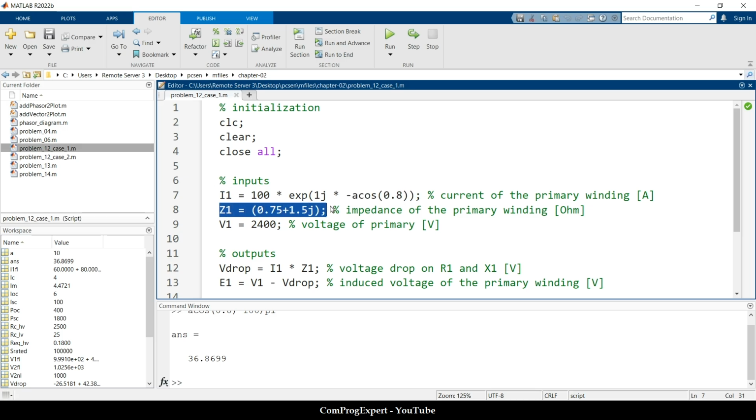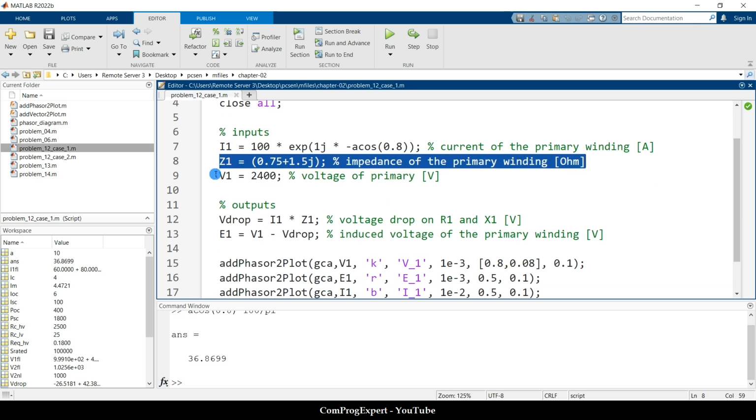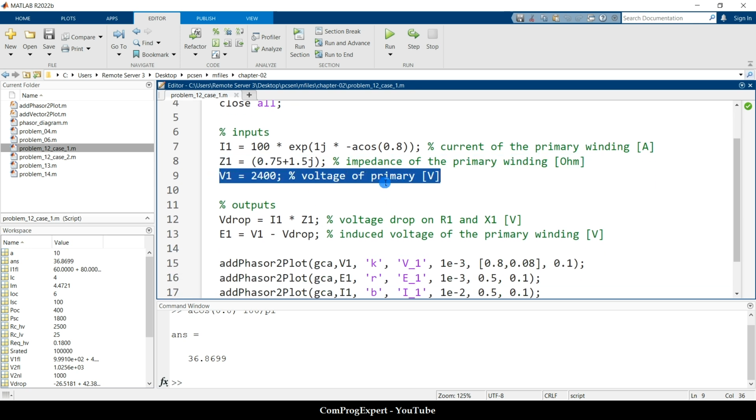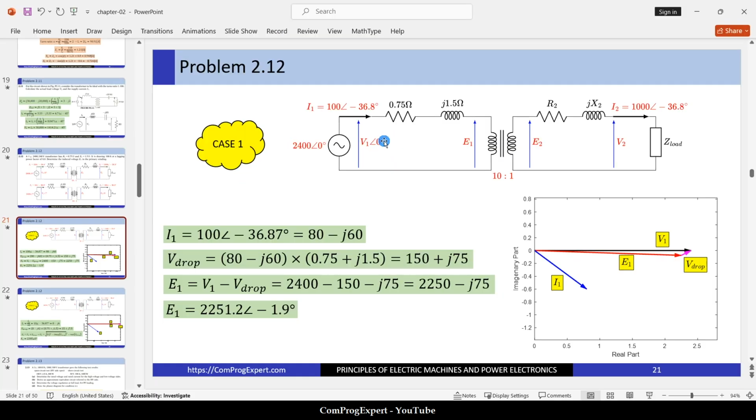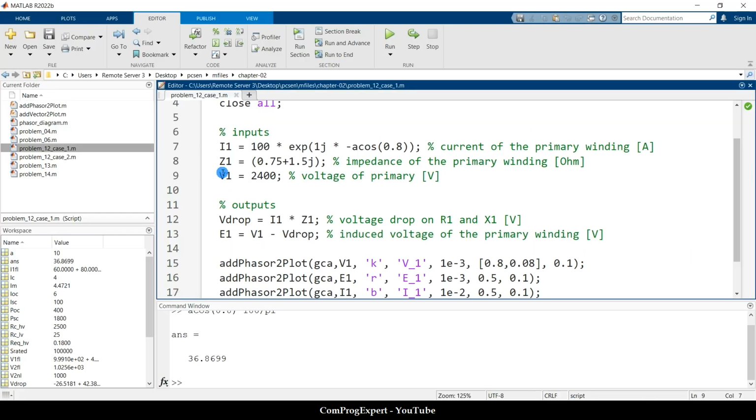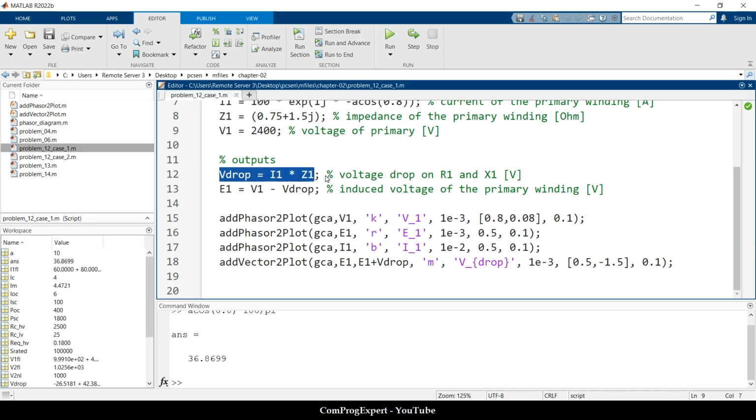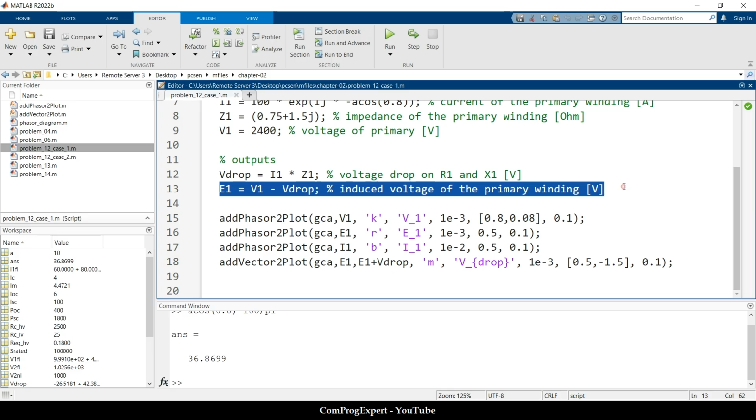This is the impedance of the primary winding, and this is the voltage of the primary. Why is the voltage of the primary just a number? Because its angle is 0, right? This is on the real axis. So this is the value of the voltage drop. And finally, this is the value of E1.